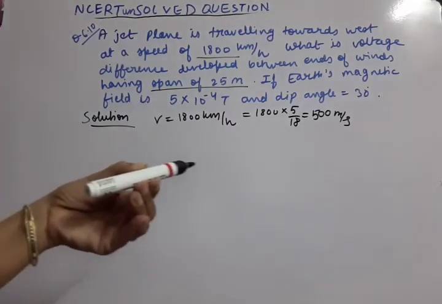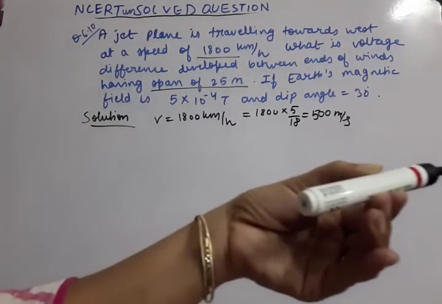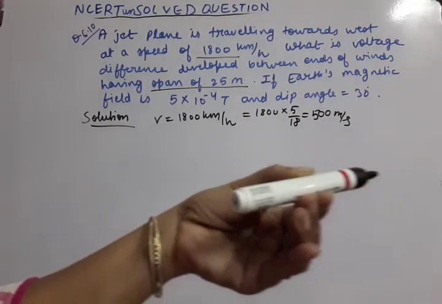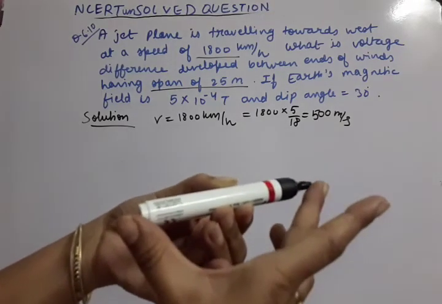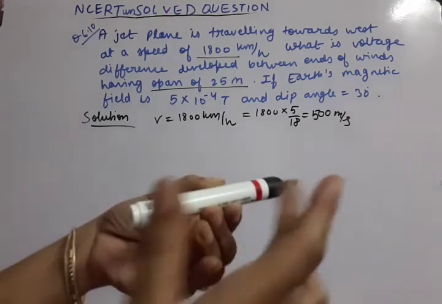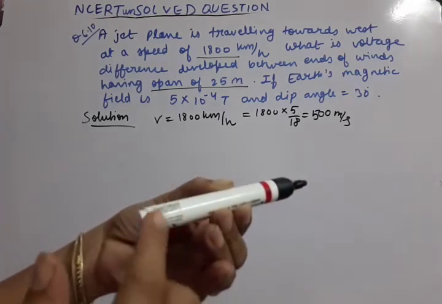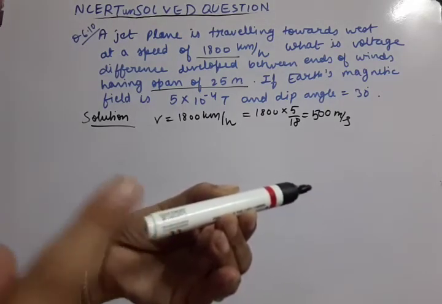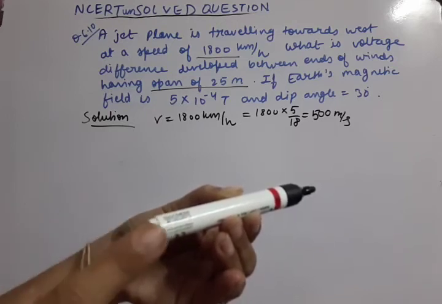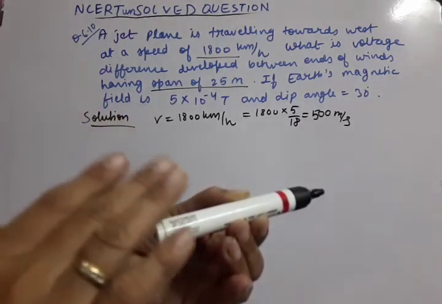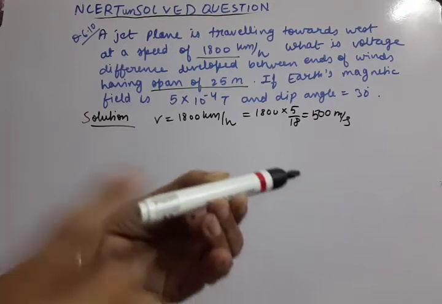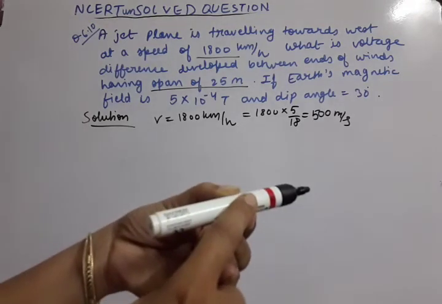Suppose this is the west direction, so this way the jet plane is moving. Now if induced EMF is to be developed between its two ends, then the condition which I have told you is that induced EMF will only be generated when a magnetic field is present and it is changing. Which magnetic field is present?